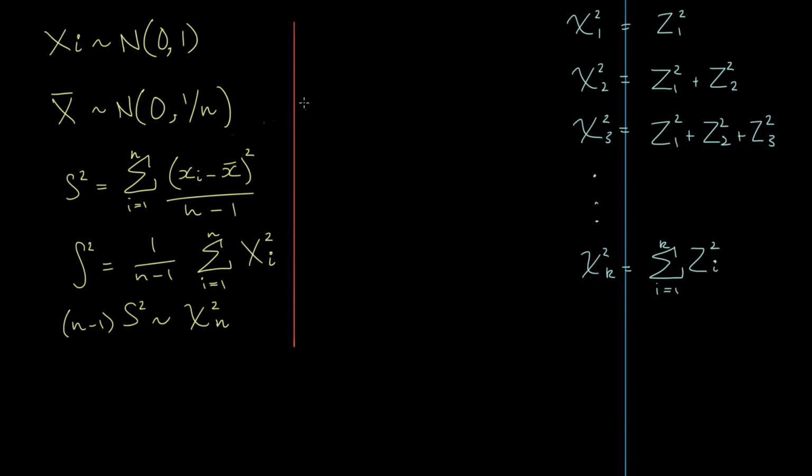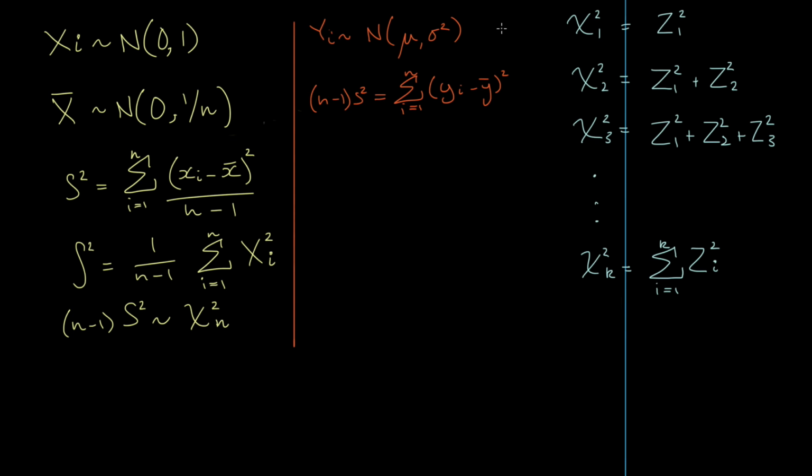So let's consider a new set of data, yi, which is normally distributed with some general mean mu and some general variance sigma squared. And we can still write out our formula for the sample variance like this. n minus 1 times s squared is the sum from i equals 1 to n over each of the observations of yi minus y bar squared.